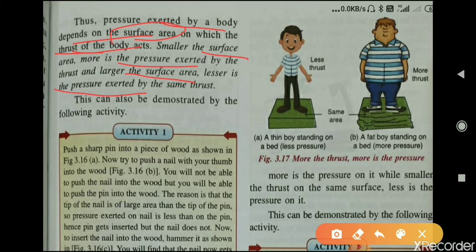As you have seen in the example, when you are standing on sand, you apply more pressure on the sand in comparison to when you are lying down on the sand. The thrust that acts on the sand is equal to your weight, but in both cases the pressure is different. When you are standing, the pressure exerted on the sand is more, and when you are lying down, the pressure exerted is less.